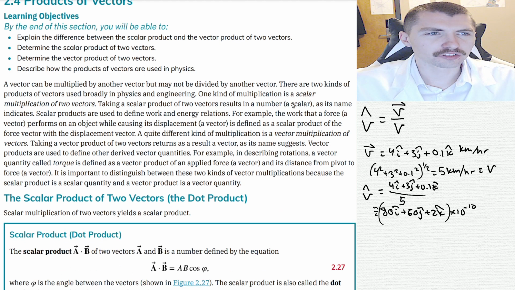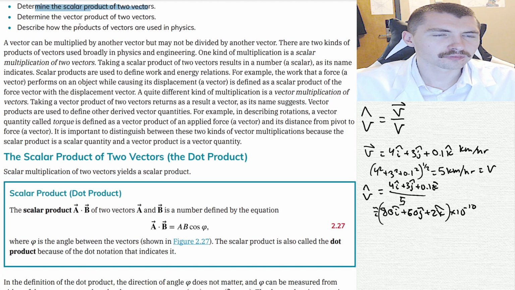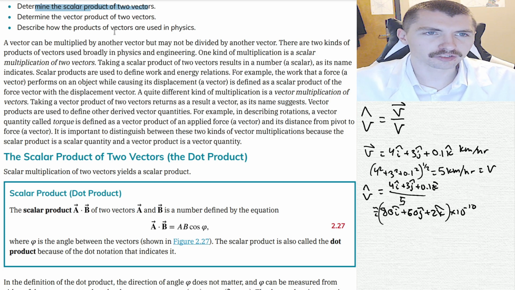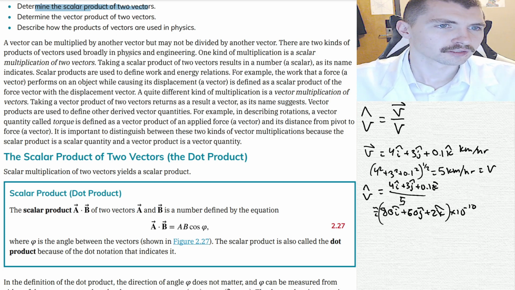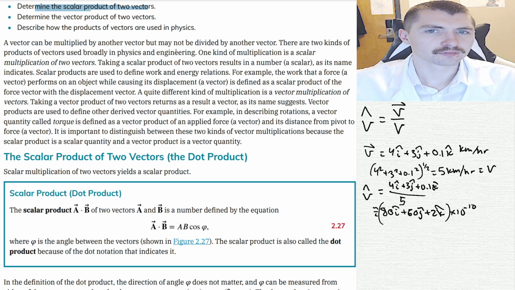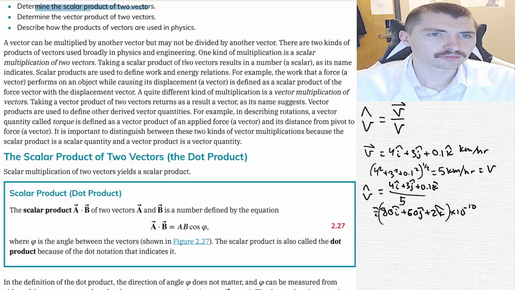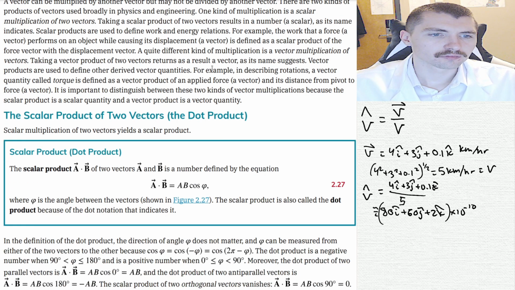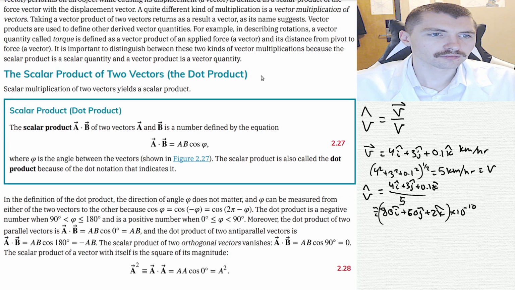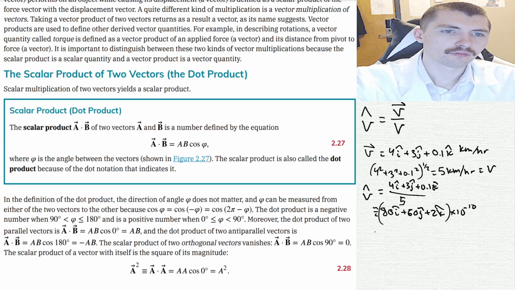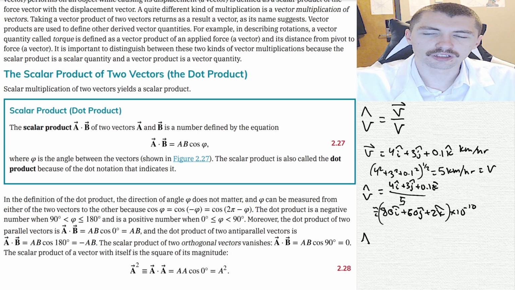Products of vectors. So multiplying two vectors, multiplying a vector by a scalar. Okay, so this is called the dot product.